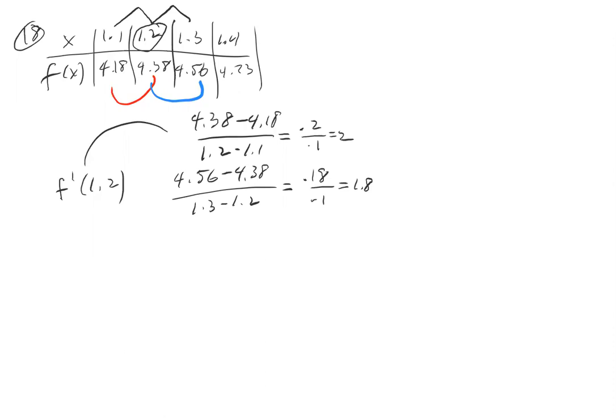So if the slope between these two is 2, and the slope between these 2 points here is 1.8, then shouldn't the actual slope, I'm going to put m, oh gosh, that's ugly, then the actual slope should be between 1.8 and 2. Why would that be? The intermediate value theorem.